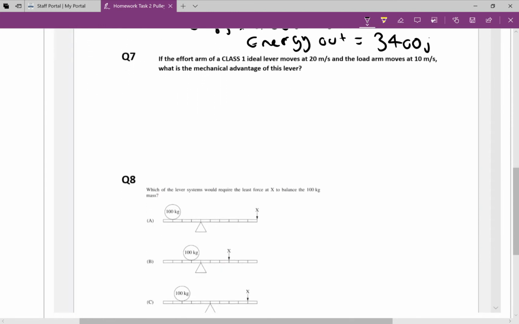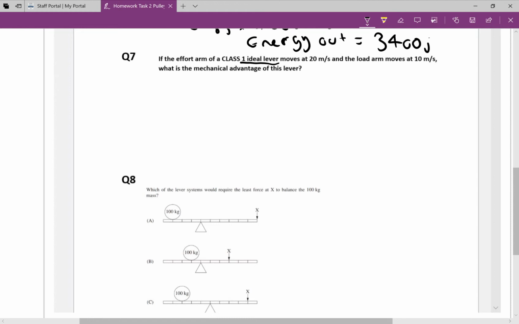Okay, here we've got a question about an effort arm. If the effort arm of a class 1 ideal lever moves at 20 meters per second and the load arm moves at 10 meters per second, what is the mechanical advantage of this lever? Well, first of all, you've got to see that they've said an ideal lever, so we know that it's 100% efficiency.